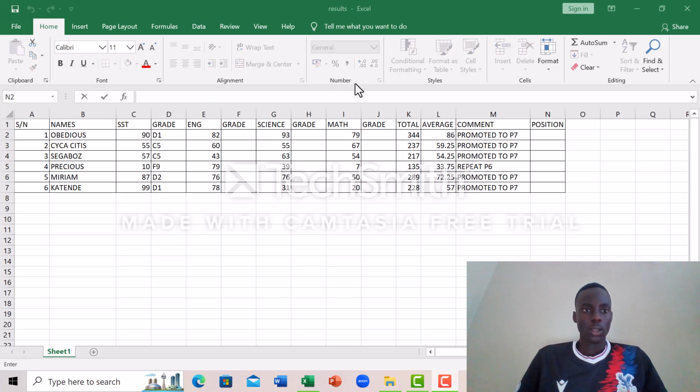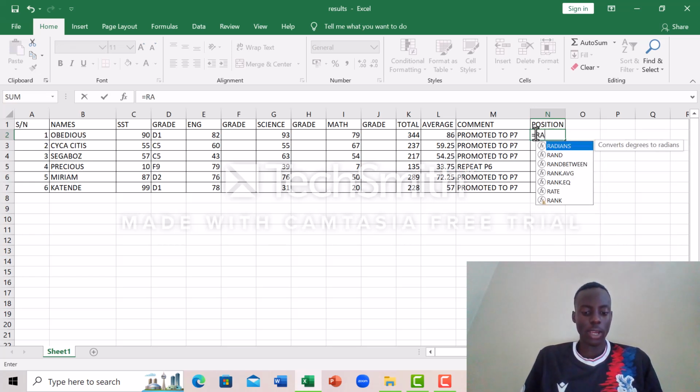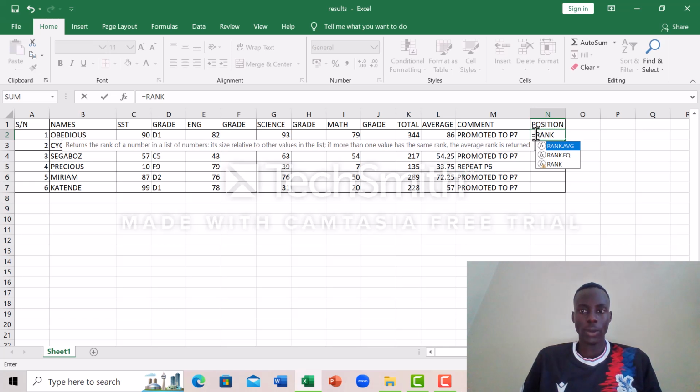If we want to position the kids in this class, remember for position we have to use the function RANK. We all know very well that before we start, we have to write an equal sign. We shall write our RANK, which is our function.